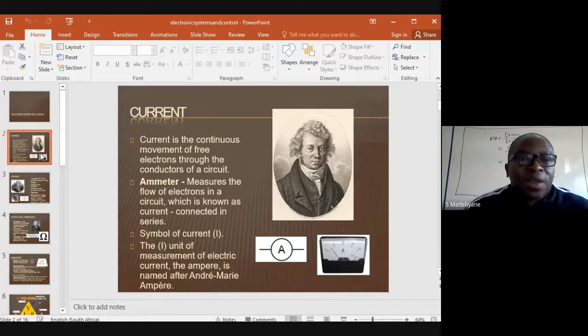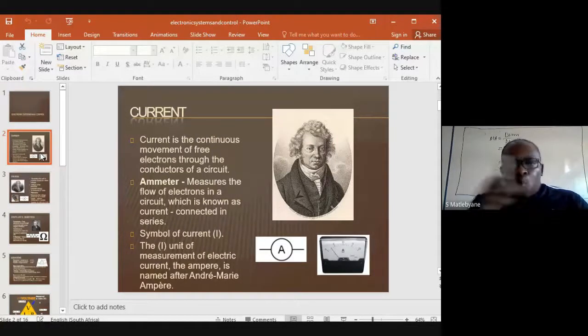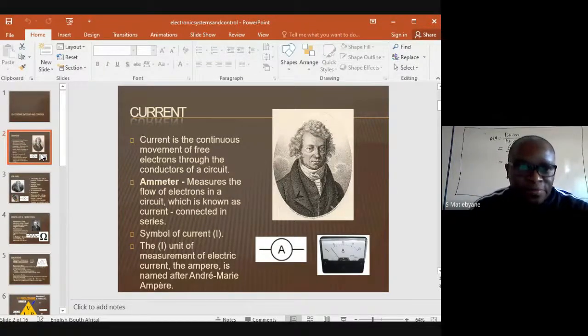They say current is the continuous movement of free electrons through the conductors of a circuit. So if you have a conductor of a circuit, those movements of free electrons within that particular conductor, we refer to them as current flow. For example, if you have the light bulb within the house, when you switch on the switch, we say you make the circuit.